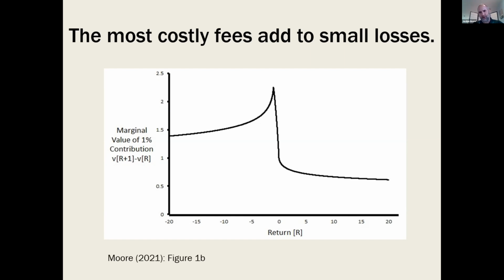Whereas if your account's up a bunch of money and your manager charges a fee, we already know that you don't care that much about differences in making 10% versus 11%. So that fee does not hurt very much in utility or happiness terms. So this is the variation based on the prospect theory value function that I exploit in my theory paper and that I test out in this experimental paper.